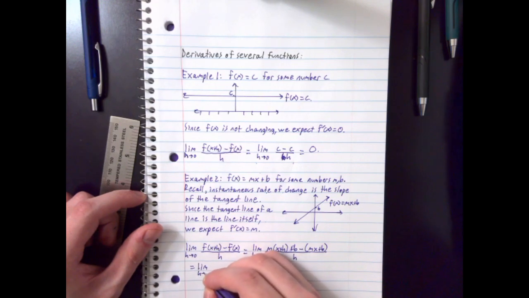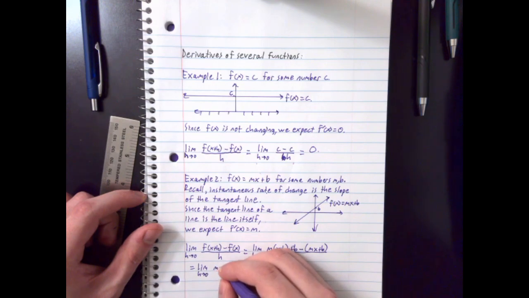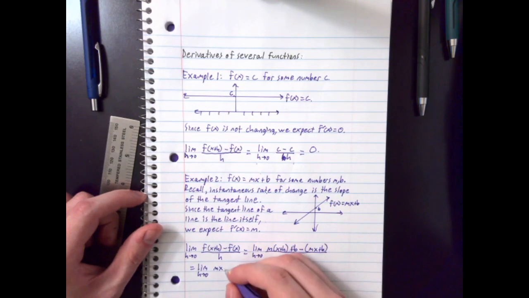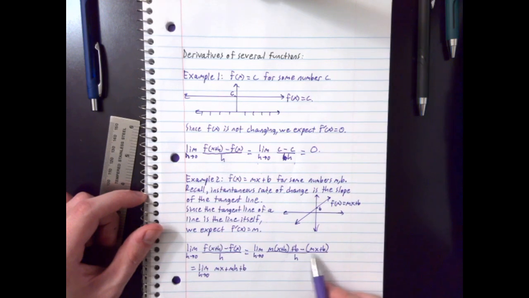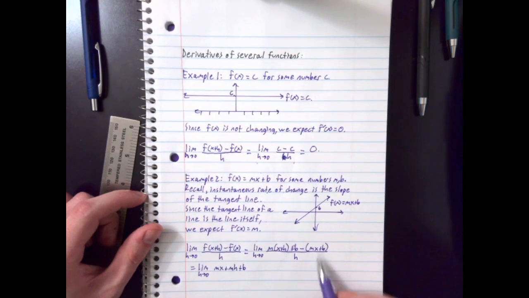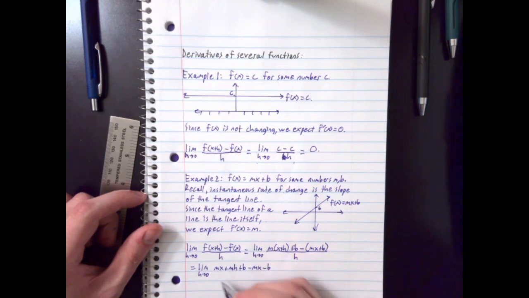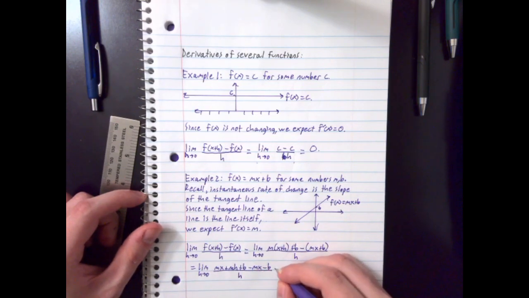If we do a little bit of simplification, well, m times x plus m times h, so we distribute the m to both of these terms, plus b, minus mx, and then the negative distributes to both of these, so this is minus mx minus b, divided by h.